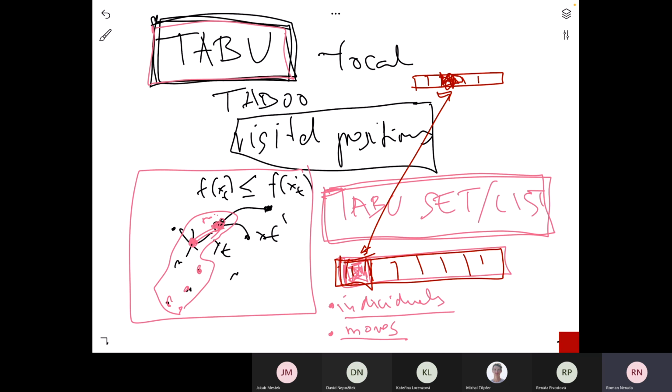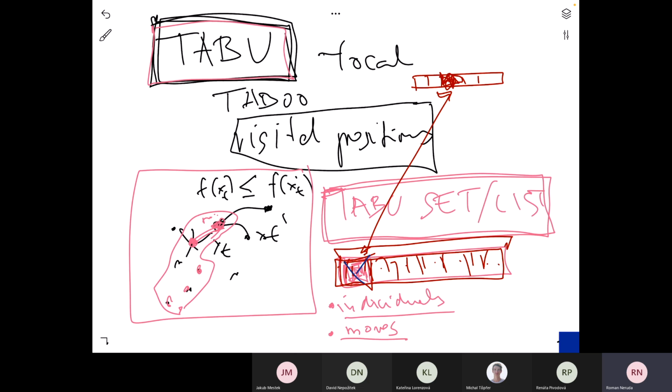So the first implementation idea can be that you have some specified length of the buffer of the Tabu list, and once it's full, you just start deleting the oldest guys from the list.